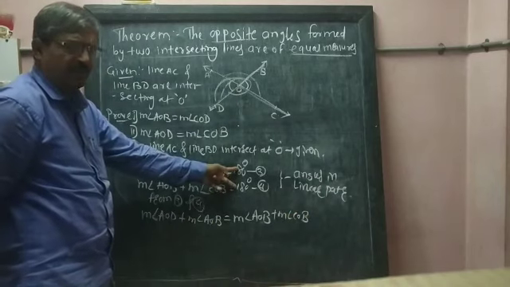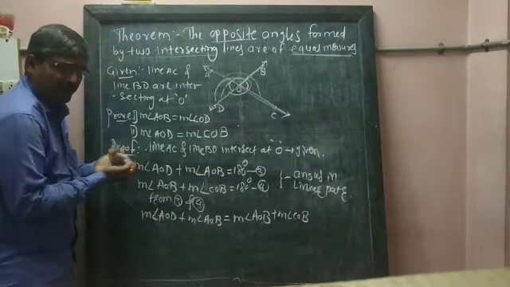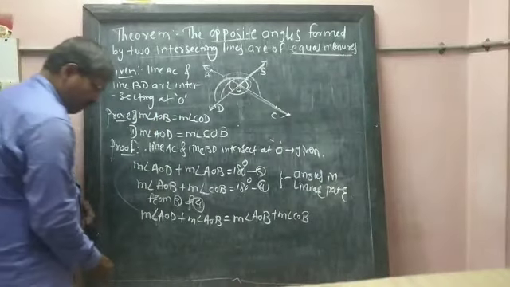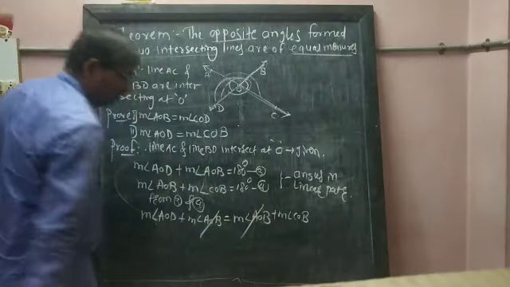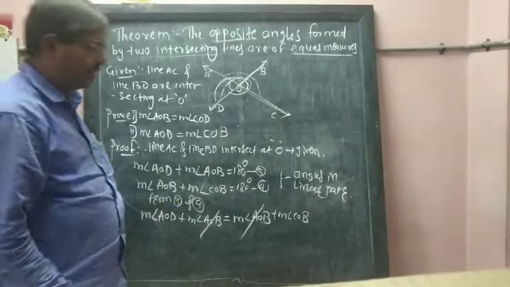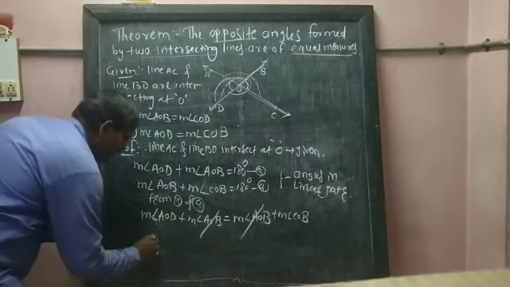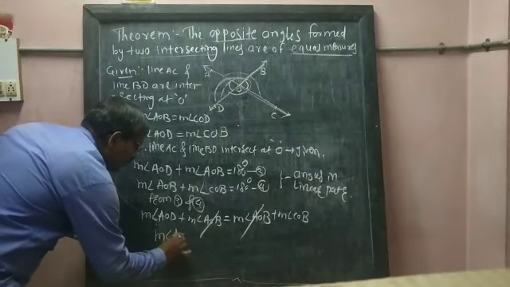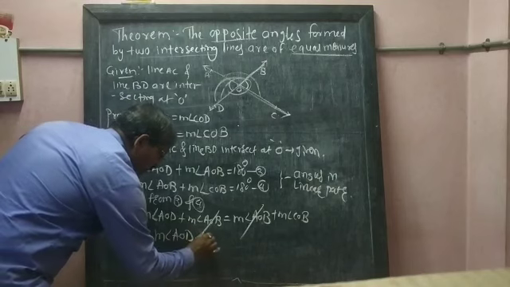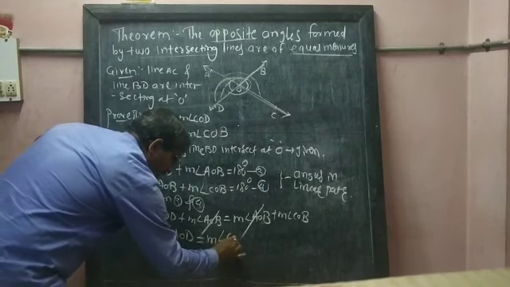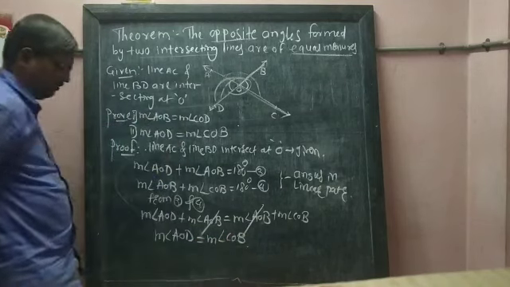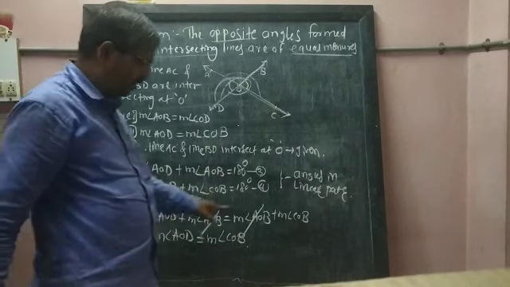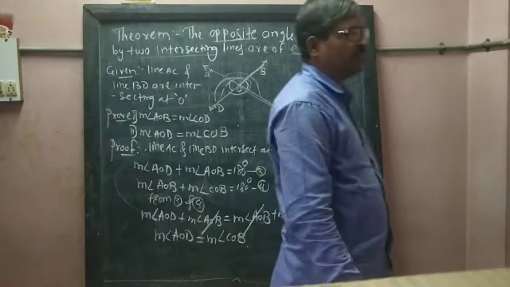Because right hand sides are equal, therefore we are taking left hand sides equal to each other. Then common equal terms to opposite sides are cancelled. What is remainder? Measure of angle AOD is equal to measure of angle COB.